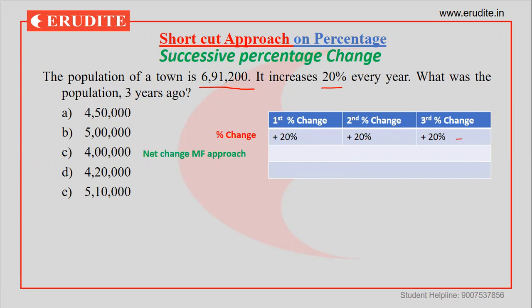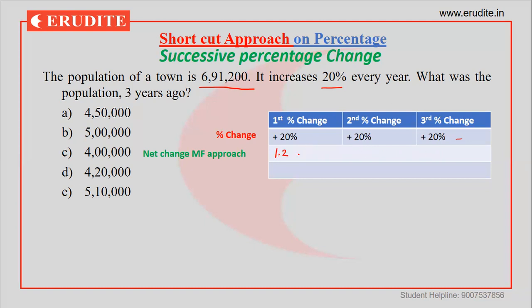The first approach is the net multiplication factor approach. We know whenever it is changing every time, there is some multiplication factor we can find. Let's say MF for the first case we can consider as 1.2. Here MF is 1.2 and 1.2.